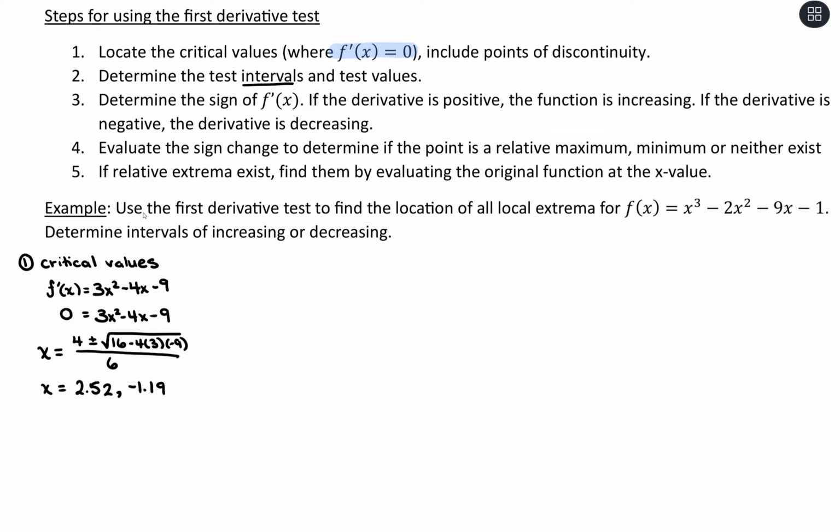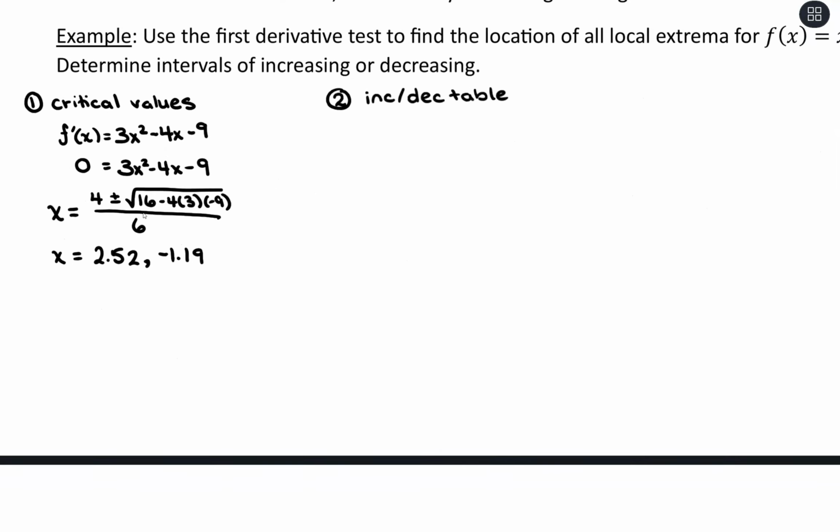And now what we're going to do is make a table of test intervals and test values. So we're going to have a table with our intervals. Let's call this our increasing decreasing table. That's at least what I like to call it. I don't know if anyone else calls it that.